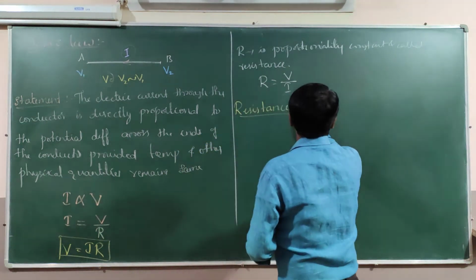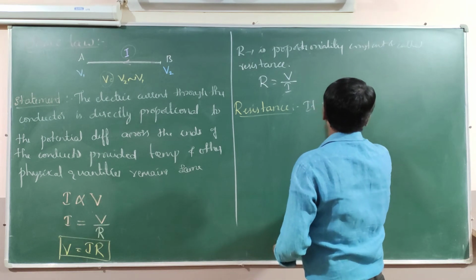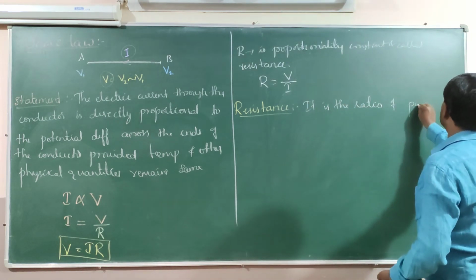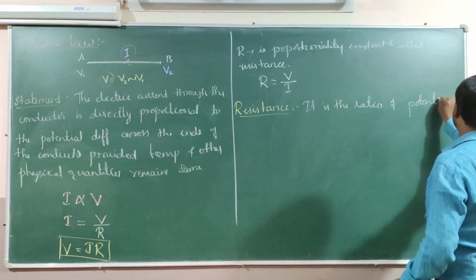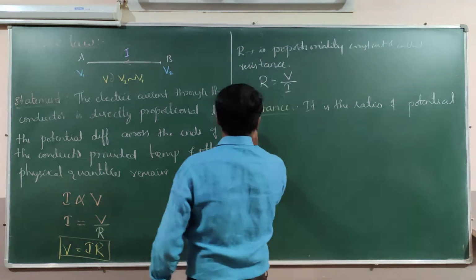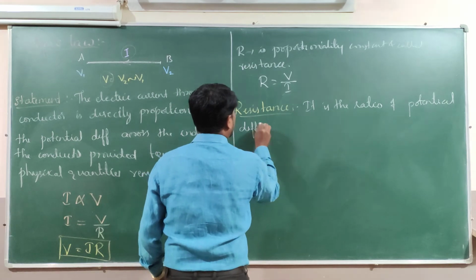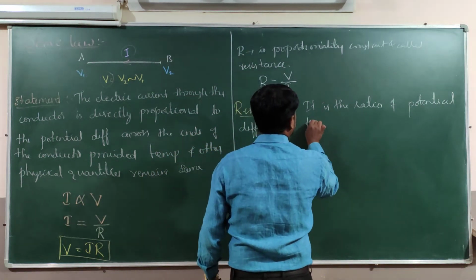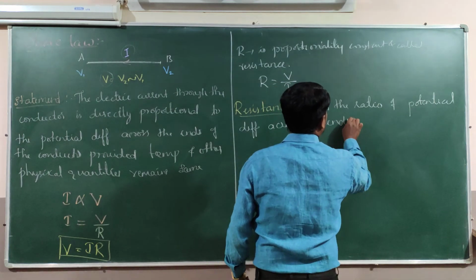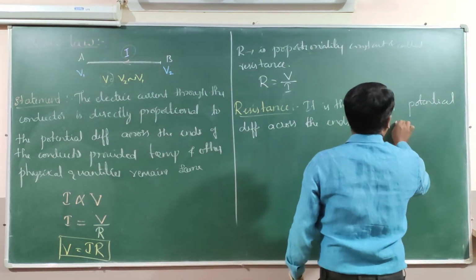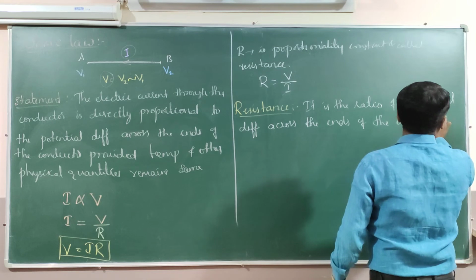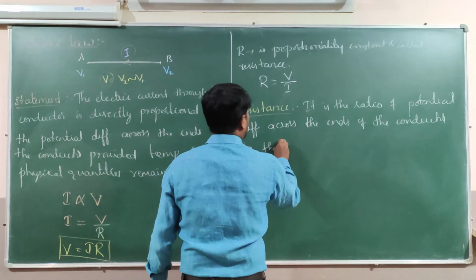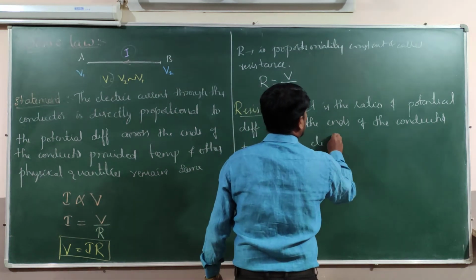It is the ratio of potential difference across the ends of the conductor to that of electric current.